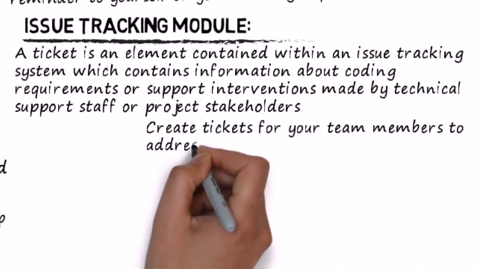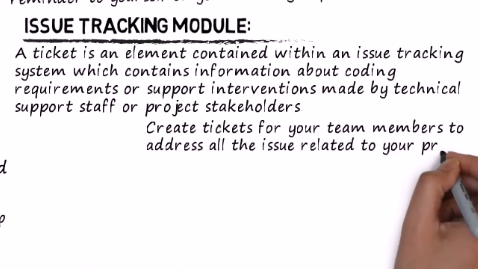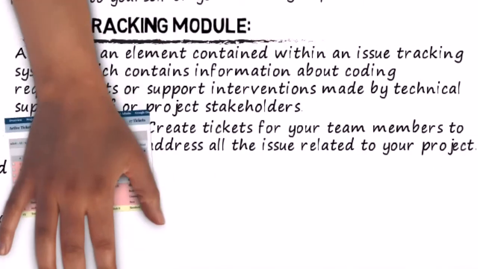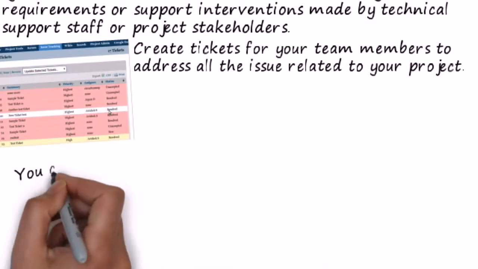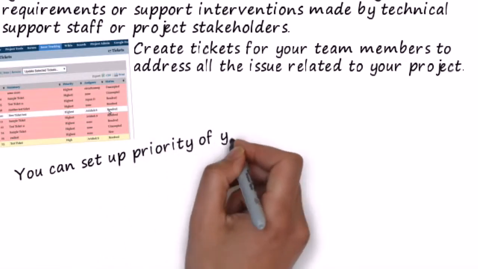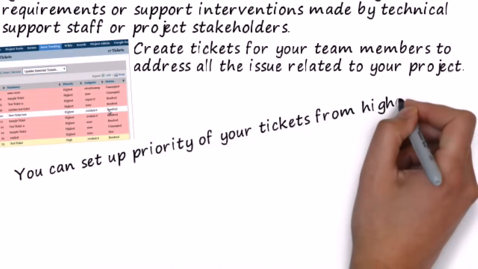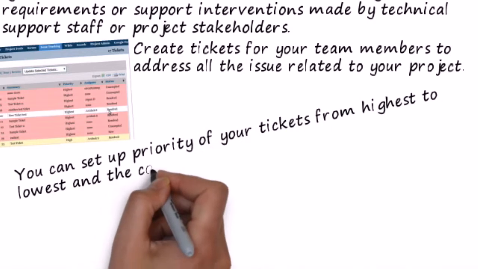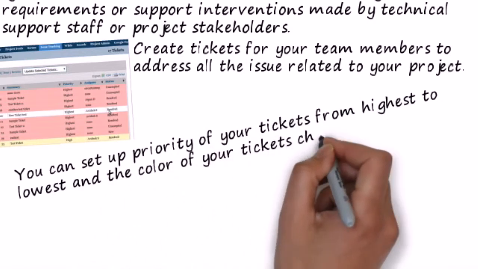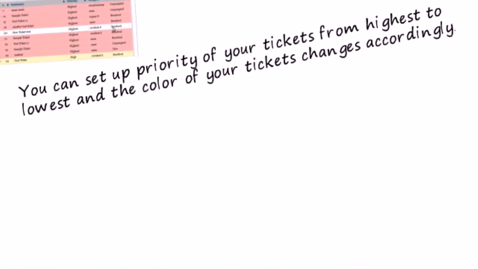Create tickets for your team members to address all the issues related to your project. You can set the priority of your tickets from highest to lowest, and the color of your tickets changes accordingly.